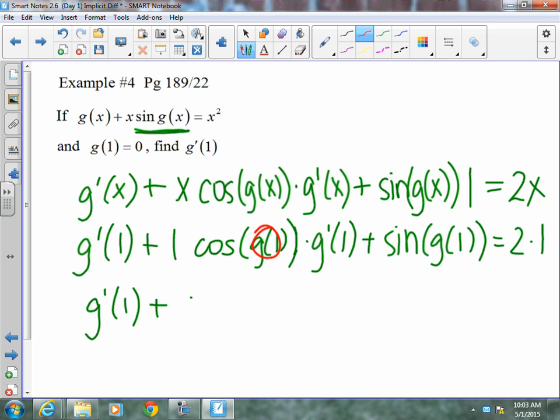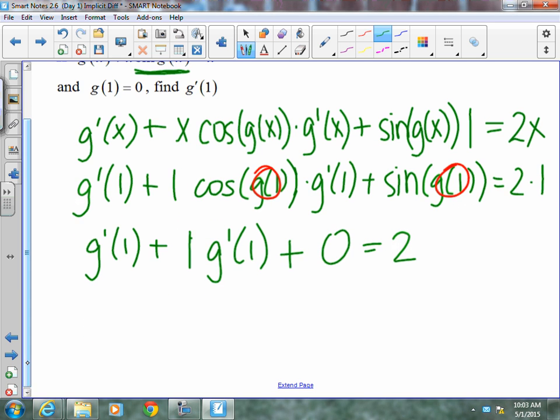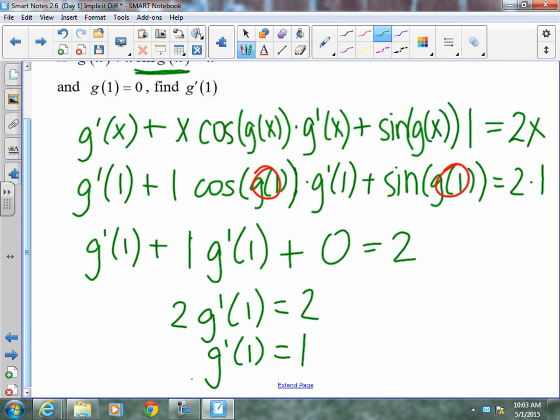G of 1 is equal to 0. So cosine of 0 is 1 times g prime of 1 plus sine of 0 is 0 equals 2. So we combine like terms. 2 g prime of 1 equals 2. So g prime of 1 is equal to 1.